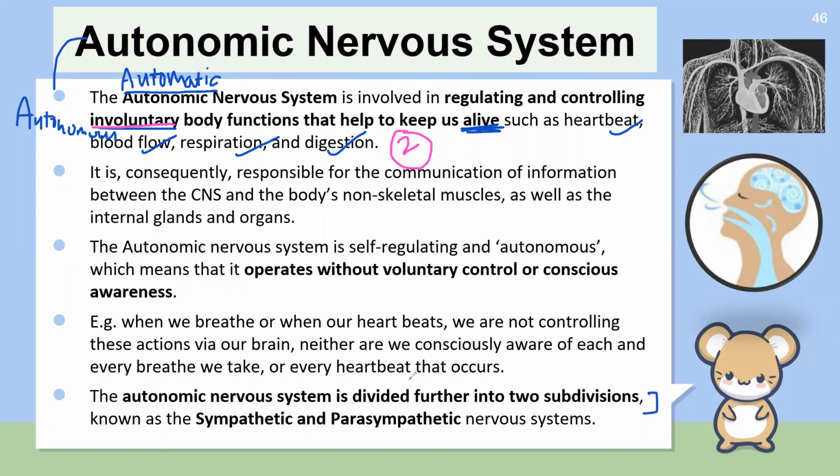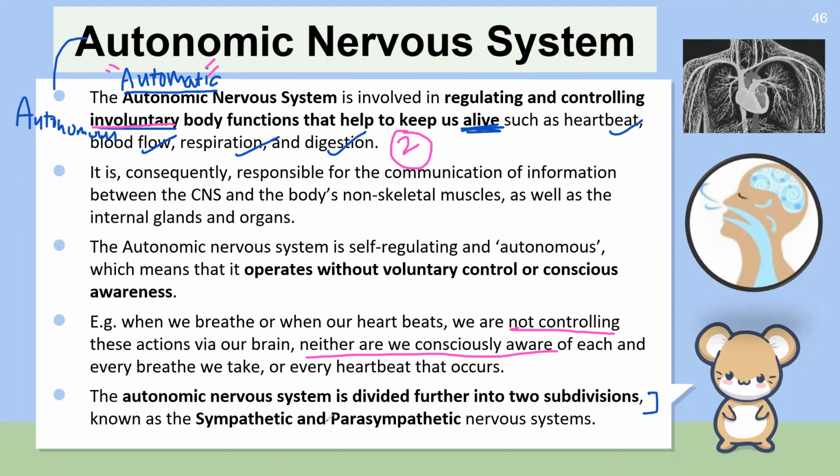As long as you understand that when these actions happen, we are not consciously aware of them happening, that we don't control them, that they are self-regulating or self-operating functions, you will know that they are functions of the autonomic nervous system. Those functions happen automatically in a way.